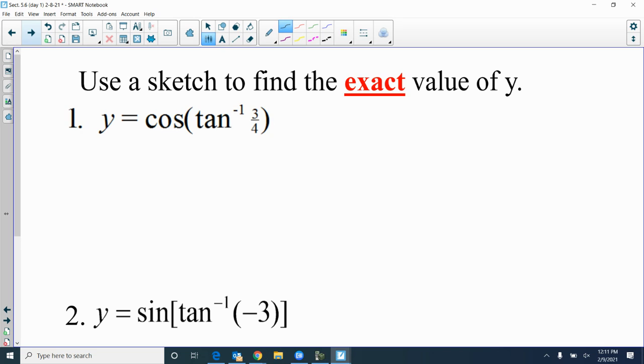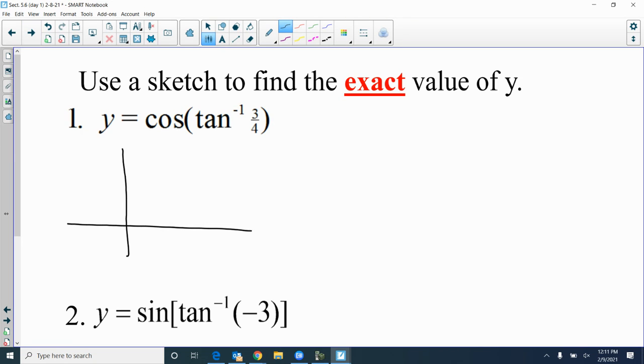Well, first of all, where's inverse tangent defined? What values can I get back for the answers? Only from -pi/2 to pi/2 or -90 to 90. So this is positive. This angle has to be in quadrant 1.